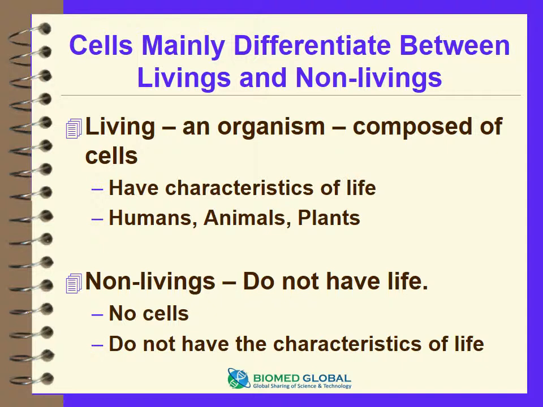It is important to know that cells decide whether an organism is living or non-living. Living organisms are always composed of cells and have the characteristics of life, like humans, animals, and plants. Non-living things do not have cells, and they do not have any life, nor the characteristics of life.